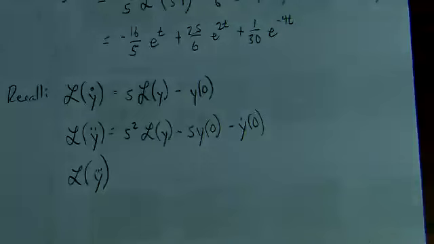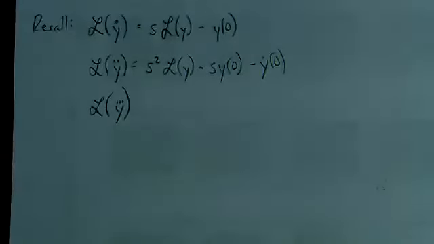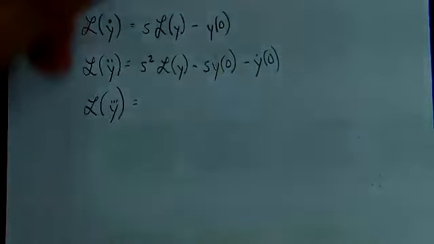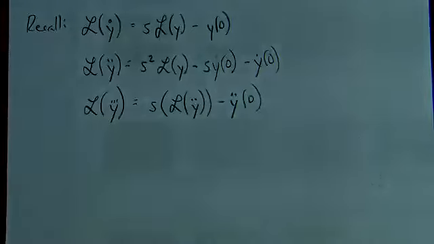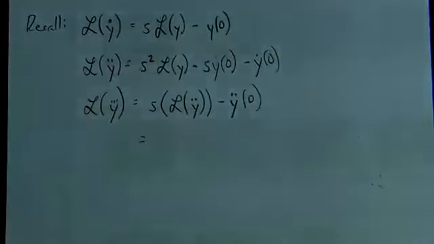We could conceivably be curious as to what is the Laplace transform of the third derivative of a function. And we treat this just like we did with the second derivative the other day. Treat this as the derivative of y double prime. And so we get s times the Laplace of y double prime minus y double prime at 0. Continuing to step back, treat this as the Laplace of the derivative of y.